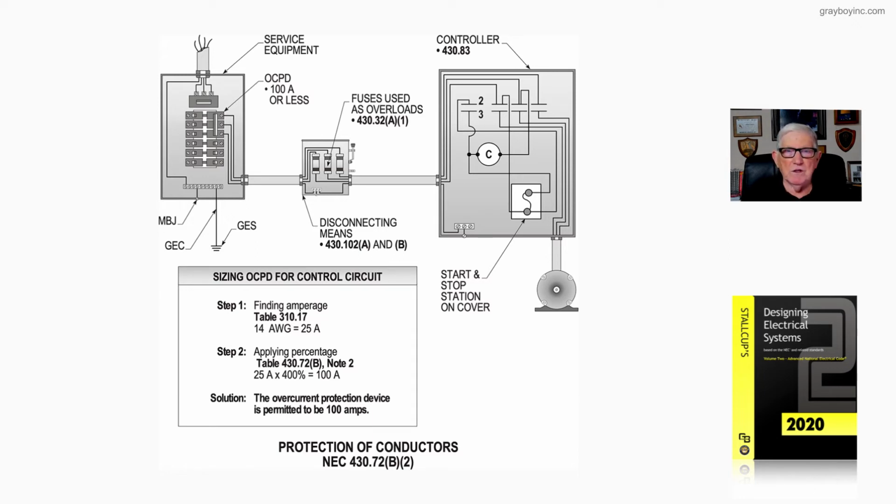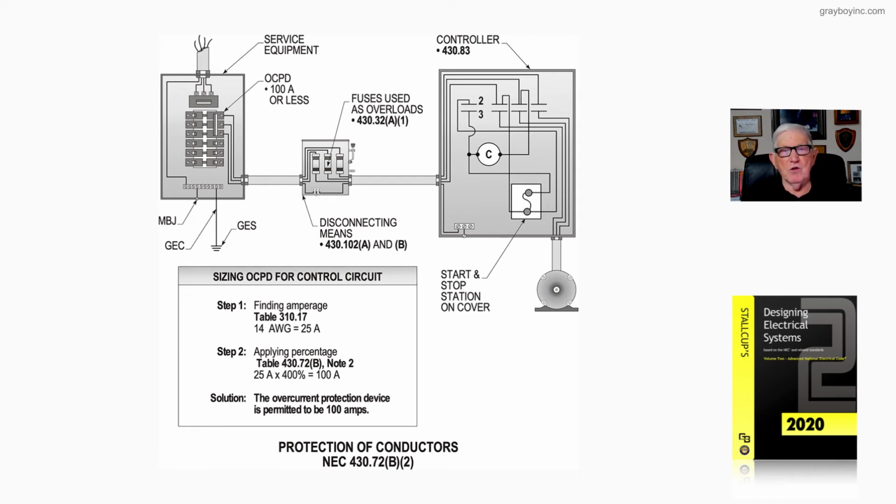430.72B on page 322. Now, step 1, if we're using the 2017 edition, go to Table 310.15B17. But if you're in the 2020 edition, that table now would be renumbered as Table 310.17 for free air, and a number 14 in the 60 degree column, as we are told to do in Table 430.72B.